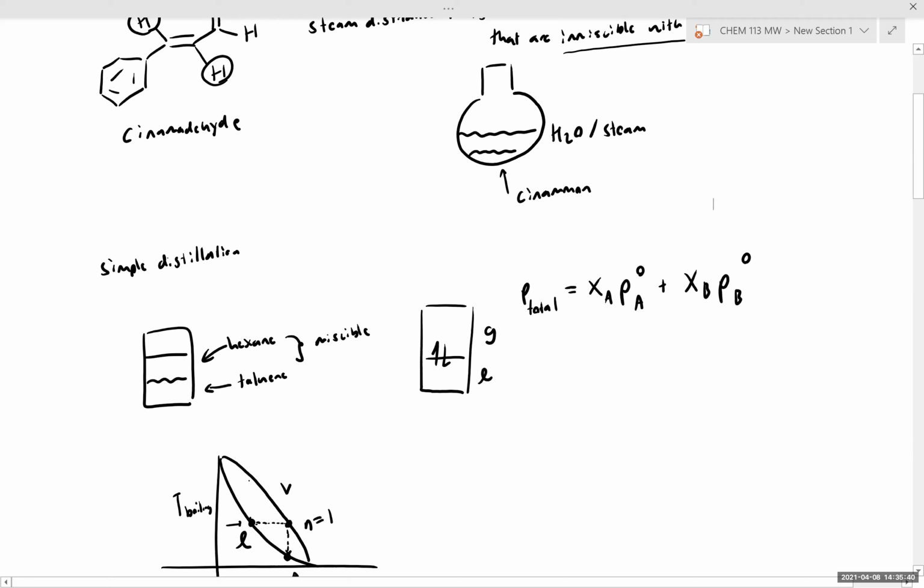As a result, when the liquid phase partitions and establishes an equilibrium with the vapor phase, the composition of the vapor that we generate and the total vapor pressure will be a function of the pure vapor pressure as well as the mole fraction of each component in the mixture. This is classic Raoult's law, classic distillation theory from 112, right? This only applies because our two components are miscible in the liquid phase.